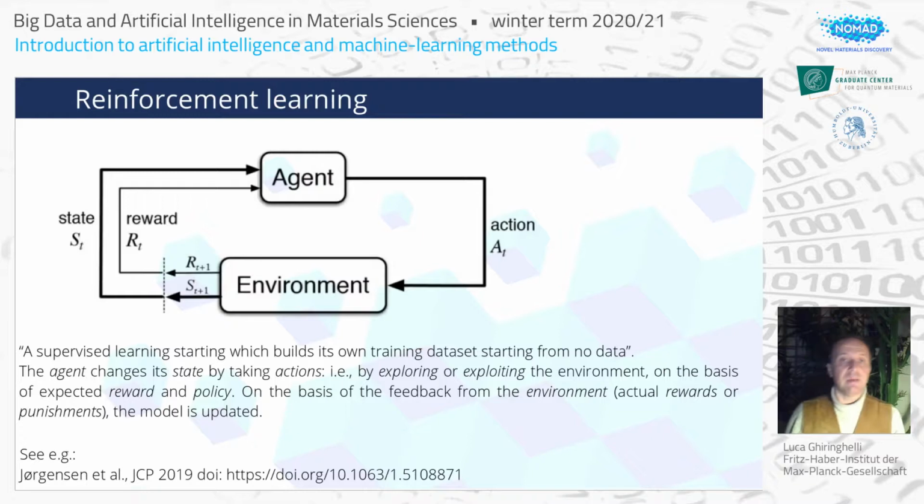How does it learn? Because the environment is responding. How does it respond? Well, by giving so-called rewards and punishments. The game goes in this way: the agent is exploring the space, in this example building atomic structures, and then sometimes it calls some kind of feedback from the environment, in our case some ab initio calculation, in order to say what the stability of this cluster was.